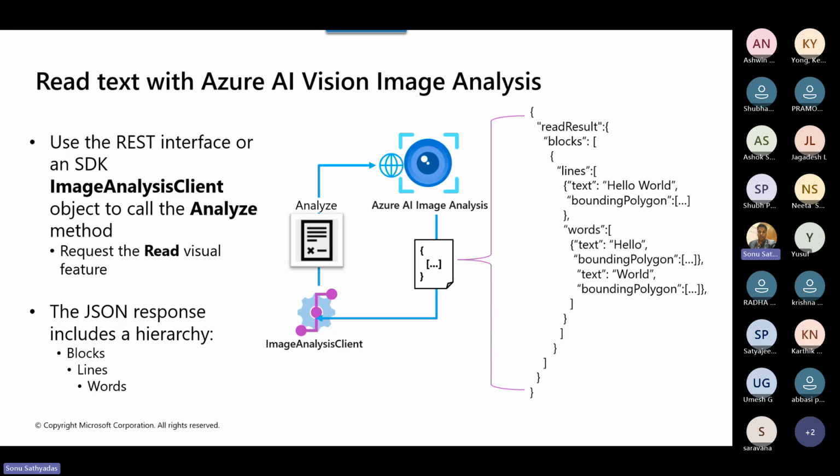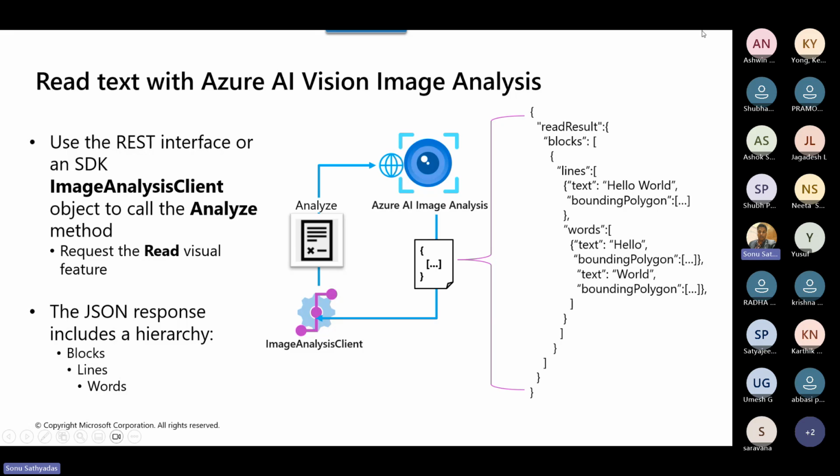Reading text with the Vision image analysis. For that, we have to use the REST API or the SDK. We create an image analysis client class, but we need to specify the read option because we have to actually read the text from the documents.